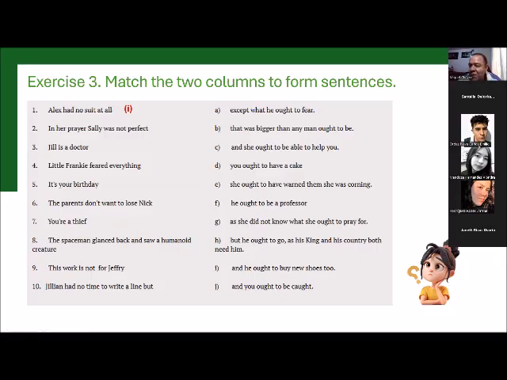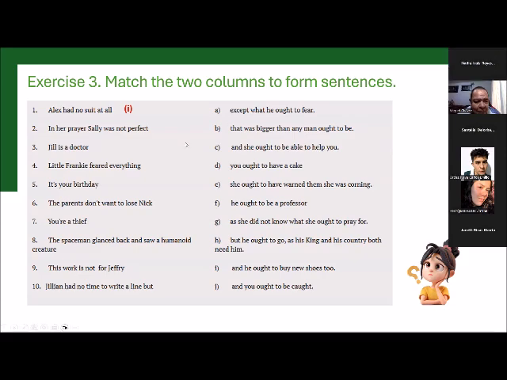Okay, number 2, please. Who can help us with number 2? Yes, Nadia, please.